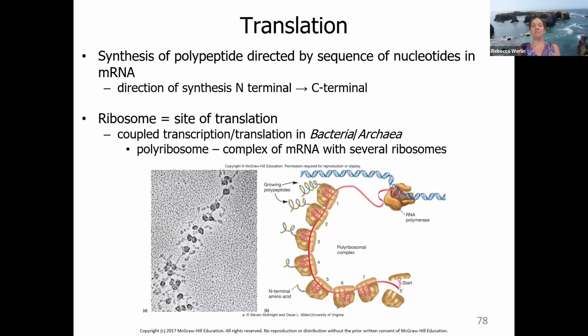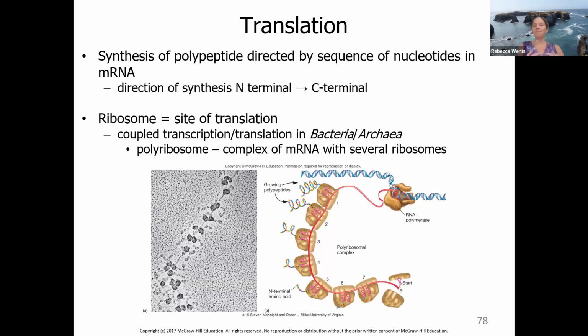So if they need to make a gene very quickly, they can be in the process of transcription and be actively transcribing a gene, while at the same time, ribosomes are actively translating that very same transcript. The transcript has not been completed yet, and yet the cell is already translating. And it does this for lots of different genes. This is not just some kind of critical emergency thing. It's done for lots of different genes.